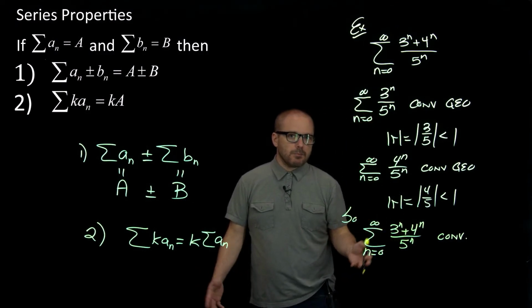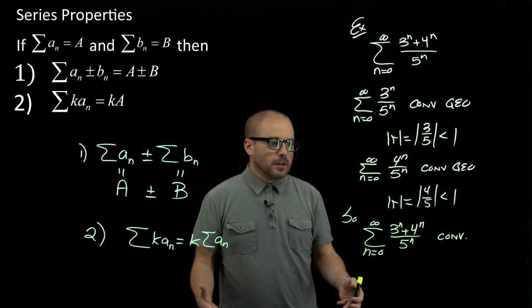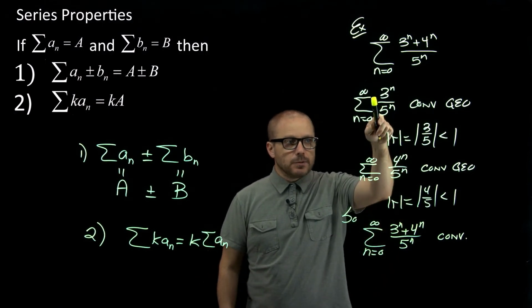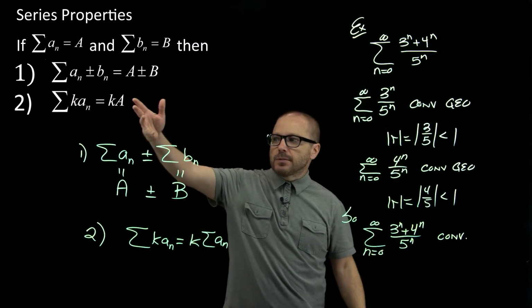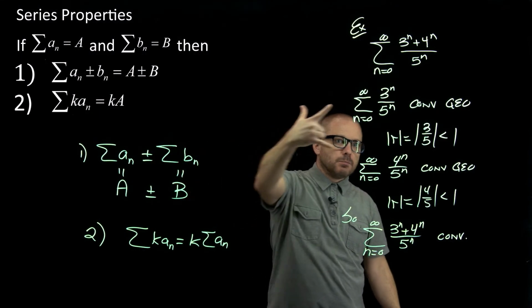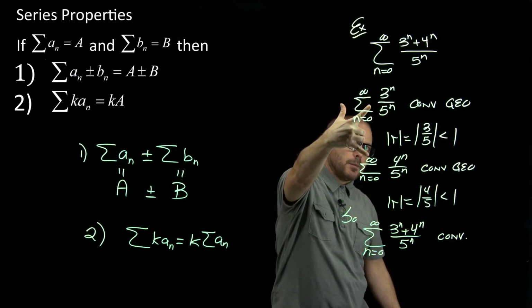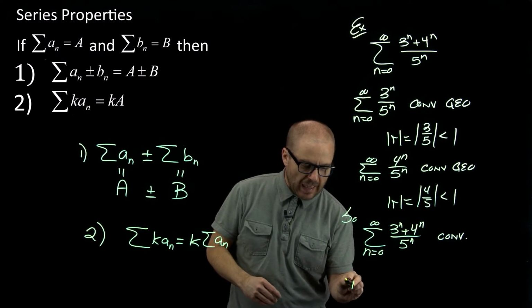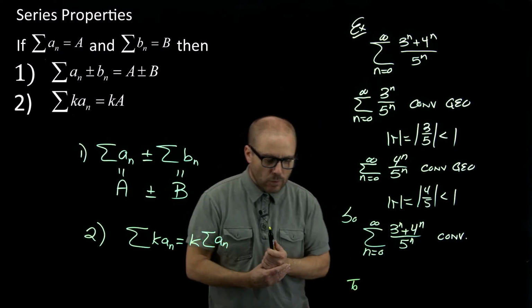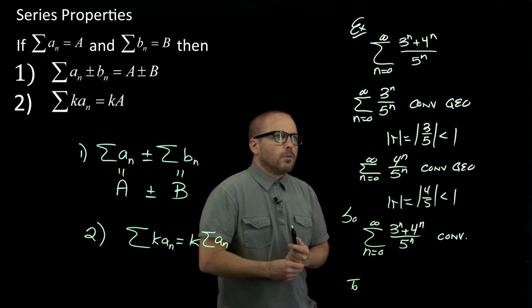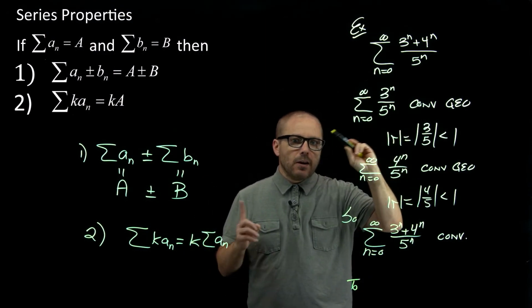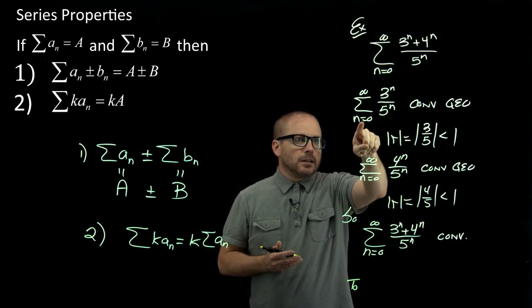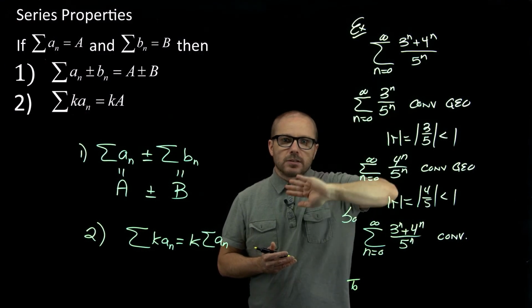Now we could even go a step further. Because they're geometric, we know what this adds up to, and we know what this adds up to. And the theorem tells us that this is going to add up to the sum of those two. So let's go ahead and add that in there while we're at it. What does it converge to? Well, the first one, remember a over 1 minus r. Remember, a is just the first term.